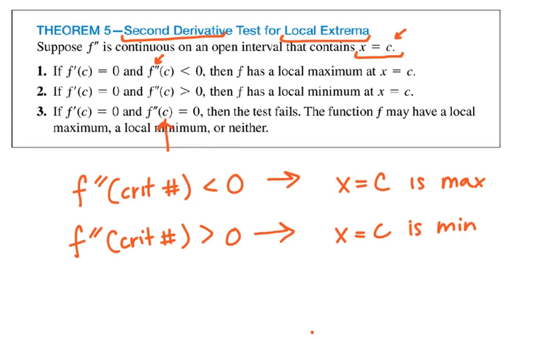So if you're working a problem and it says, prove to me that it's a max or a min, you take the second derivative and plug that critical number where the max or min occurs into the second derivative and look to see the sign. If it's positive, you'll have a min, and if it's negative, you have a max. And of course, if it's equal to 0, the test fails. We cannot draw a conclusion.